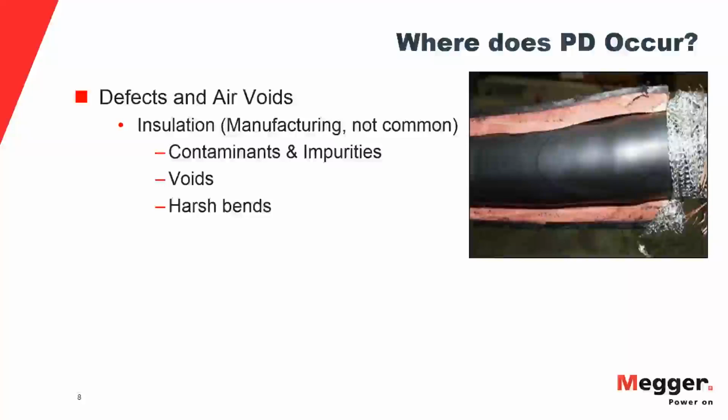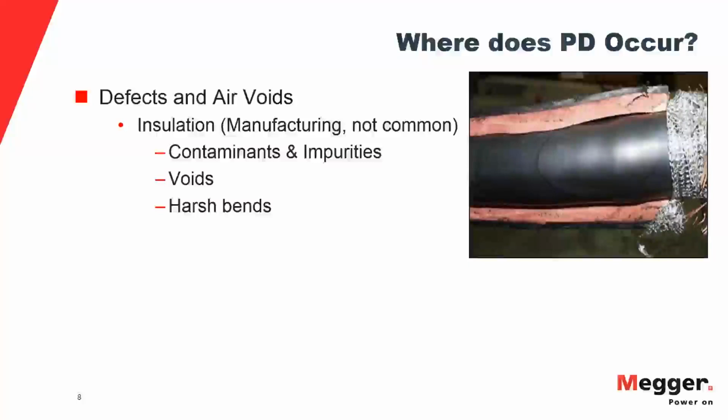It's just a small part of the insulation that's actually breaking down. The amount of partial discharge depends on the electrical field, and what we're looking for is a voltage difference between very small areas of the insulation, small voids or small defects in the insulation. That's exactly where partial discharge occurs, in small voids and small defects.